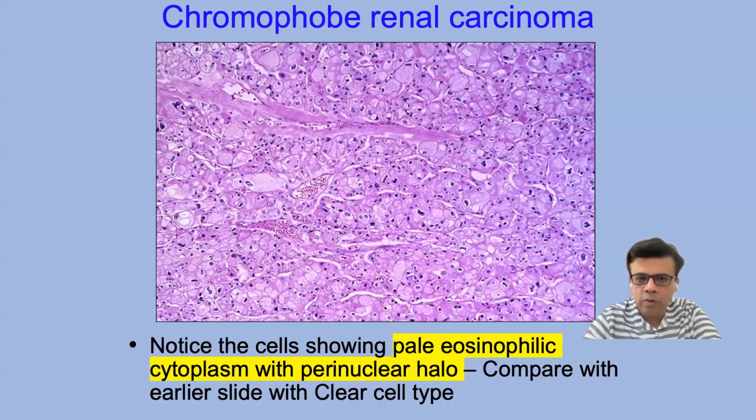Chromophobe renal cell carcinoma. Here again there are clusters of cells with clear to predominantly pale eosinophilic cytoplasm. The important thing that distinguishes it from clear cell carcinoma is the pale eosinophilic cytoplasm, plus a perinuclear halo as distinctly seen in many of the cells.